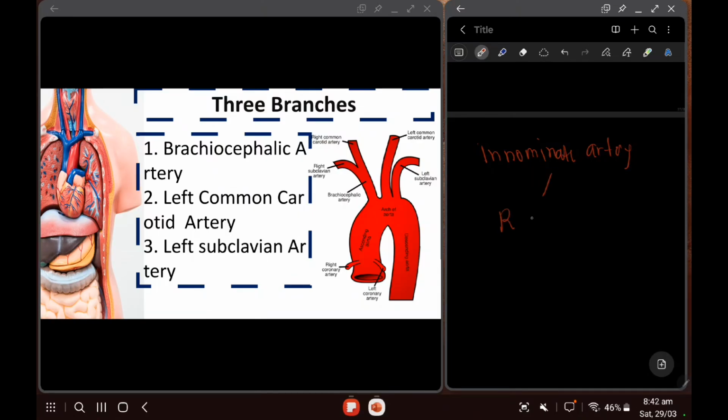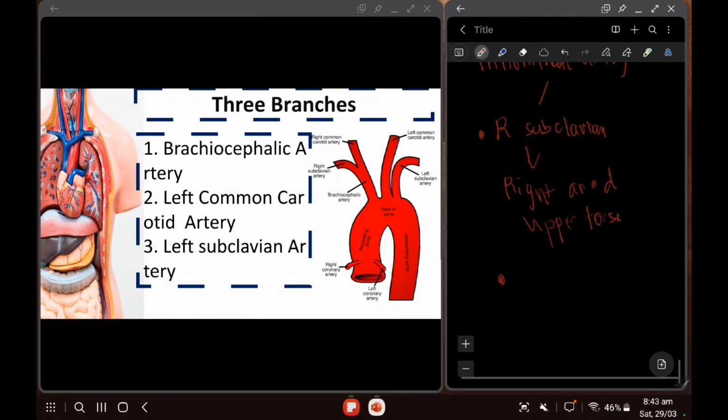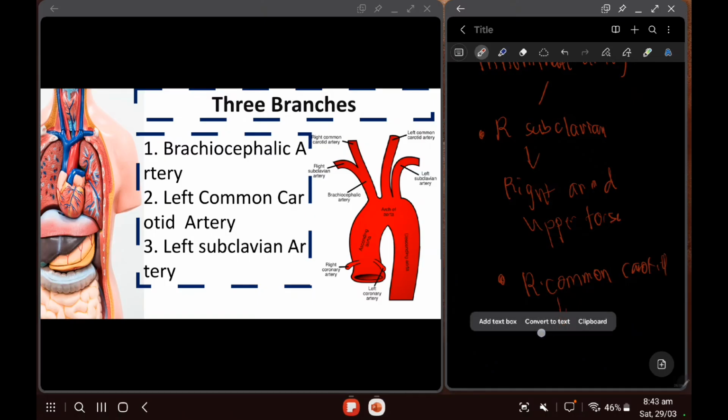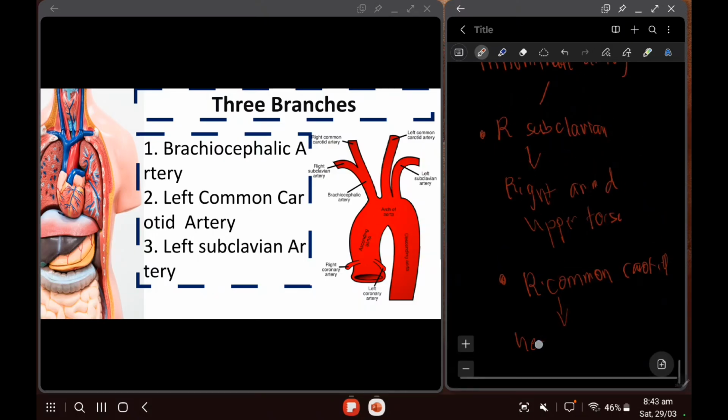We have the right subclavian artery, which supplies blood to the right arm and upper torso. Then the other one is the right common carotid, which supplies blood to the head and neck.